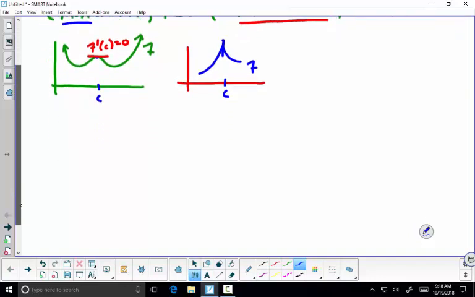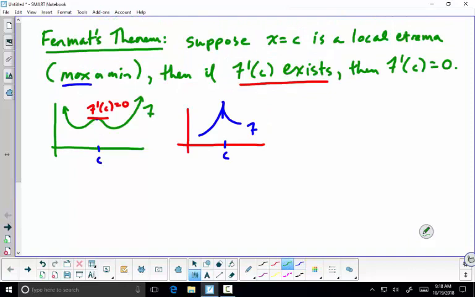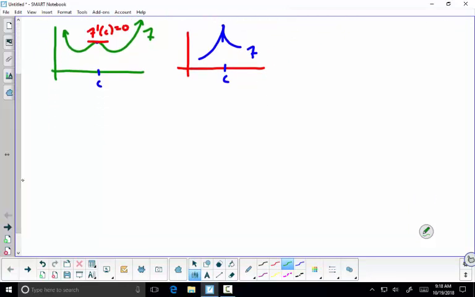Okay, so let's go ahead and do the proof. And remember, in this proof, I'm assuming that c is a local max. Okay.